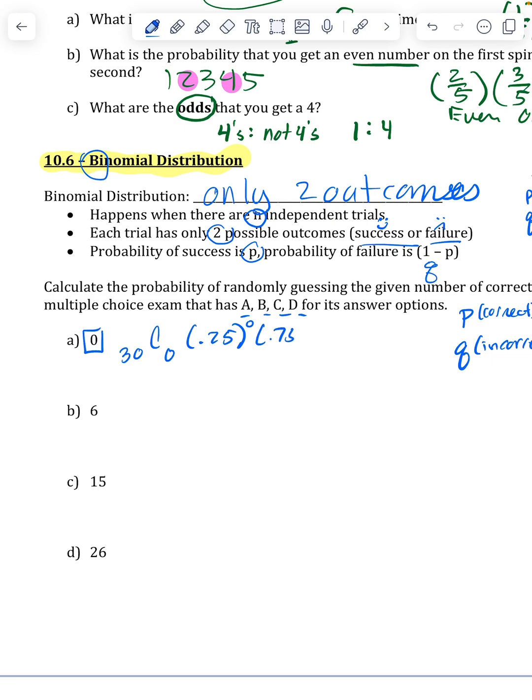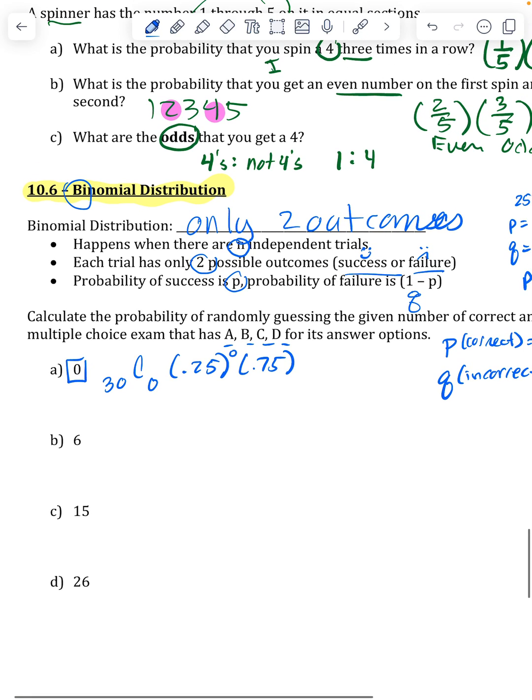The probability of not getting it right is 0.75, and that's happening the other 30 times. Put that into my calculator. I get 1.785 E negative 4, so it's 10 to the negative 4 power, which means move the decimal over 1, 2, 3, 4 to the left. So you get 0.0001785. So the probability is pretty slim.